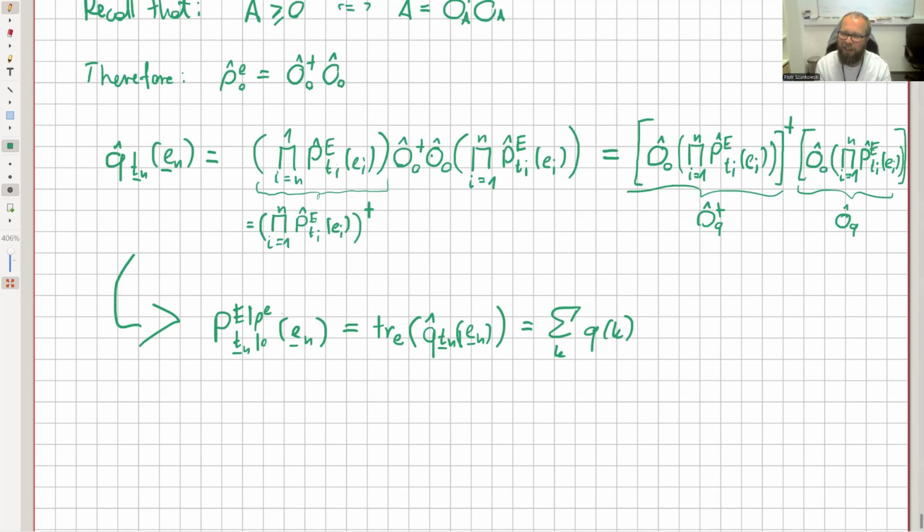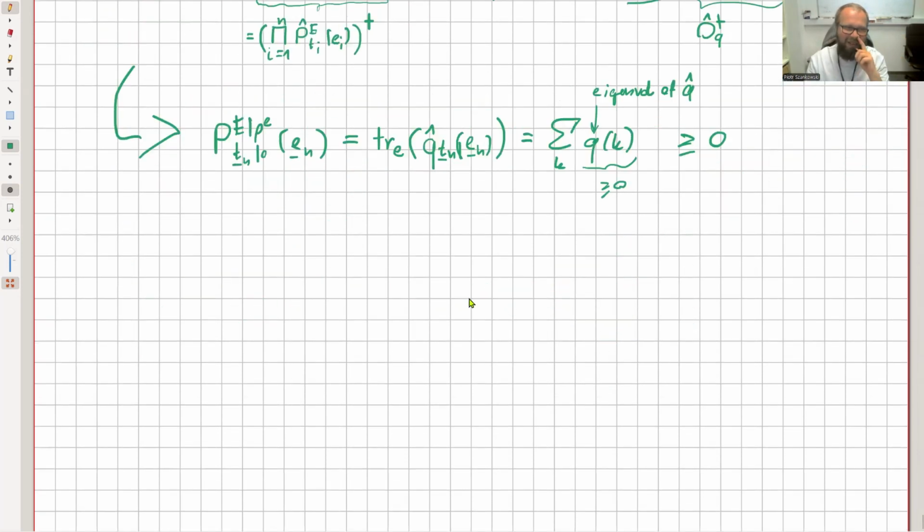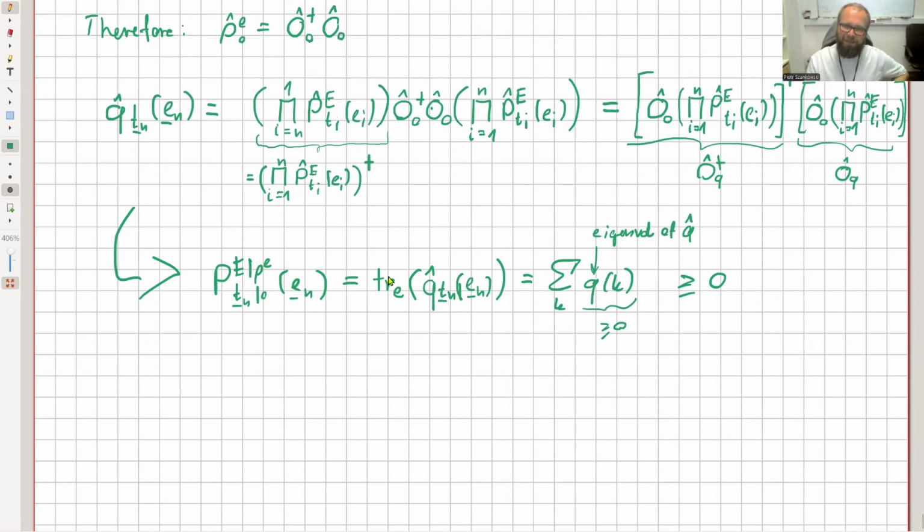So let's call them the eigenvalues of Q. Because it's positive semi-definite, each of those is non-negative. So this whole thing is non-negative, which is what we were supposed to show. So the diagonal part of the bi-probability is a non-negative function.